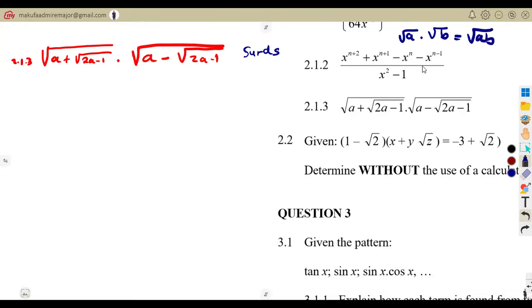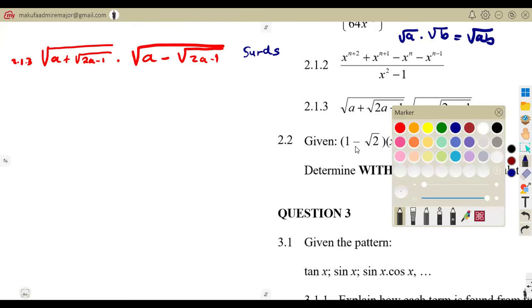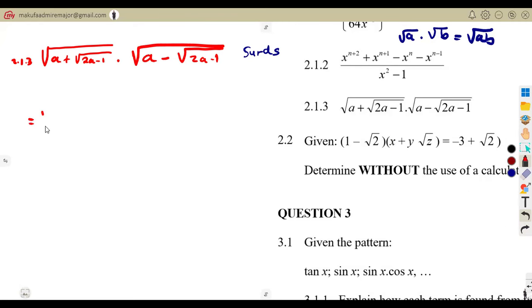So since there is an outer square root, it allows us to multiply these numbers under that square root. So it is going to be the square root of a, the first part of our bracket as it is. You can even just open a bracket there: a plus the square root of 2a minus 1.